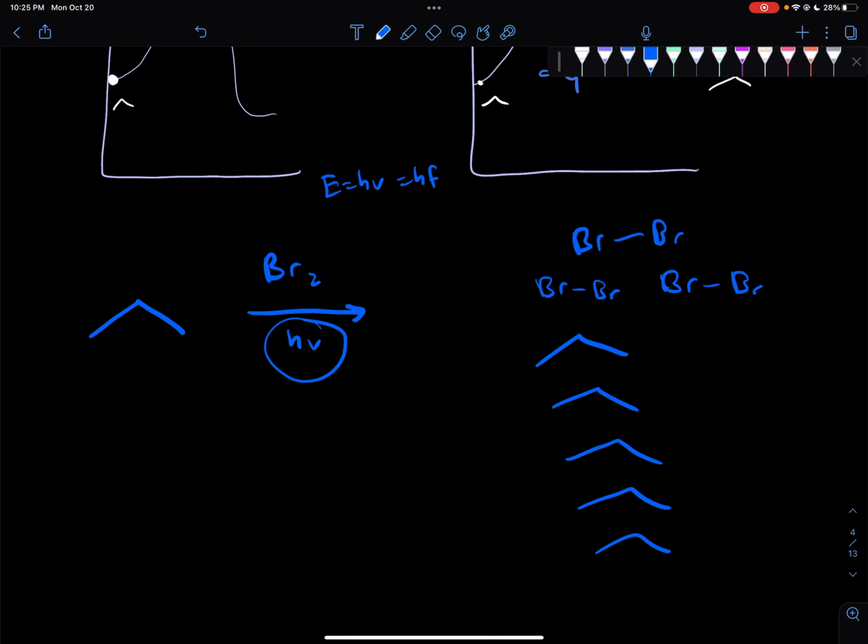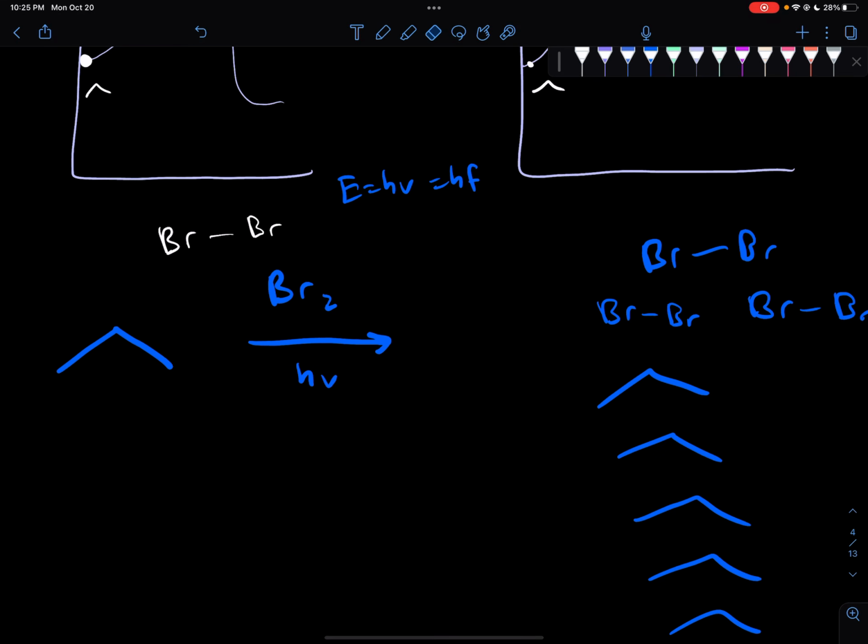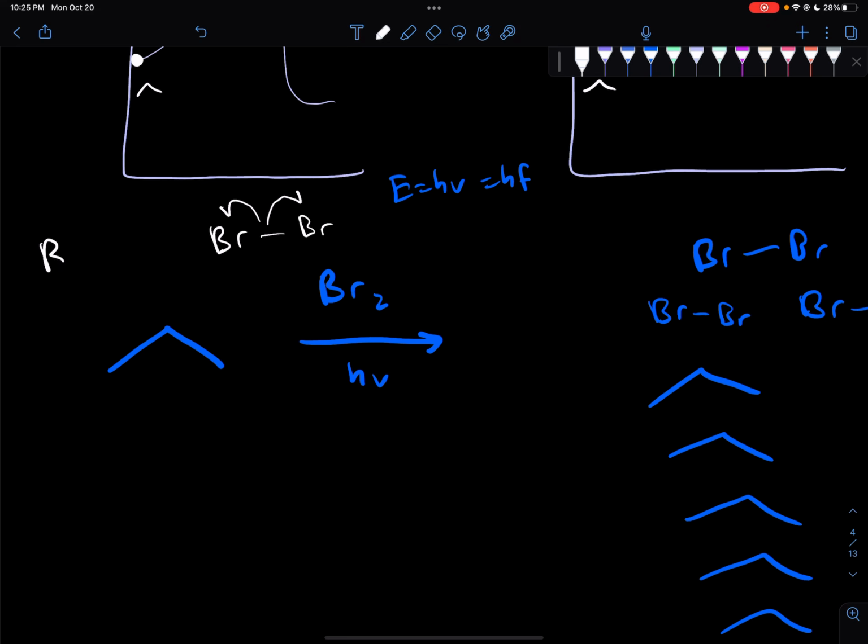This is light or energy, and that is also important because you're going to have a Br2 that's just together, and the light is going to cause that homolytic cleavage. So it's going to break up the single bond identically to both sides, making your Br radicals. So I'm going to draw two Br radicals and get rid of this.